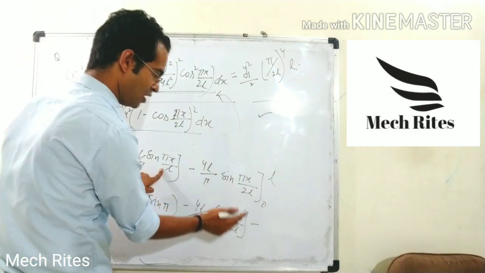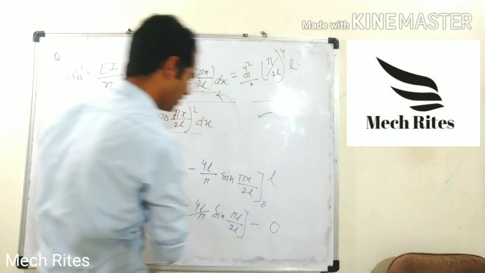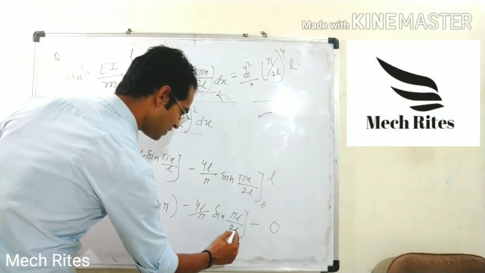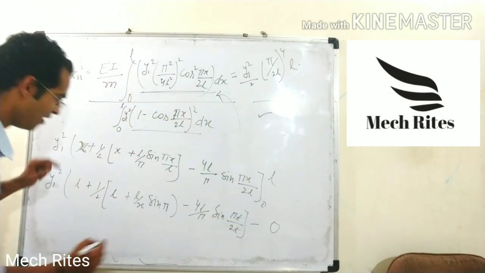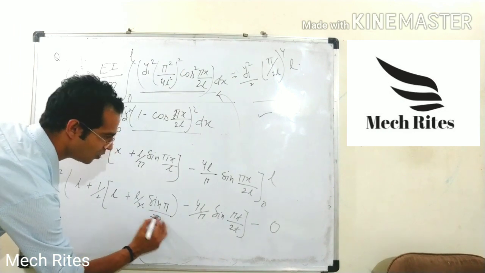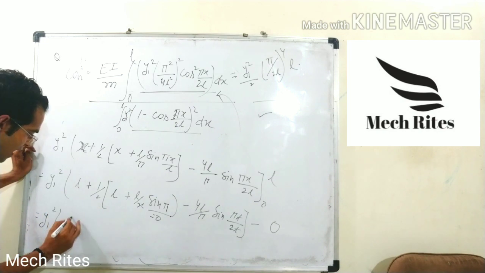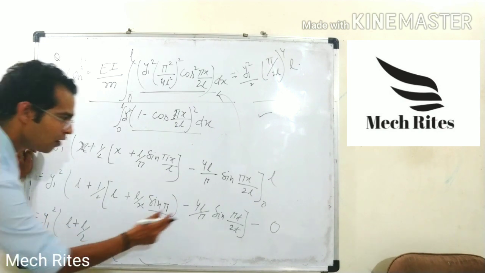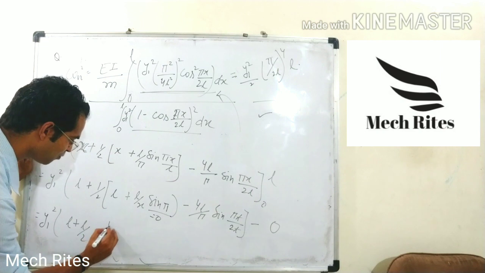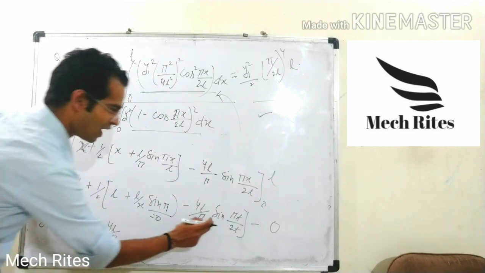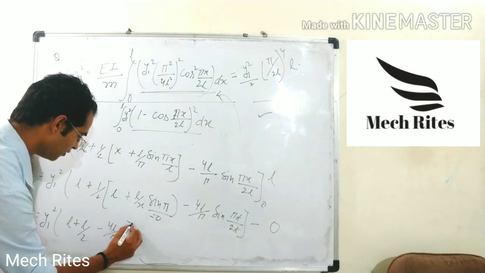This L and this L will be cancelled. Again I know that sin pi is 0, so the final answer will be y1 square, L plus L by 2, minus 4L by pi sin pi by 2, which is 1.